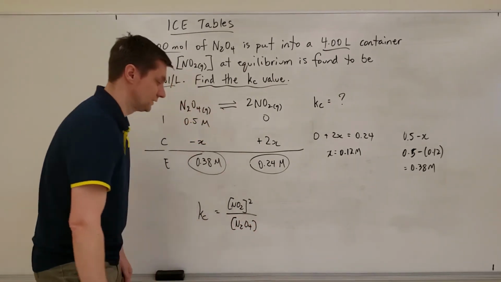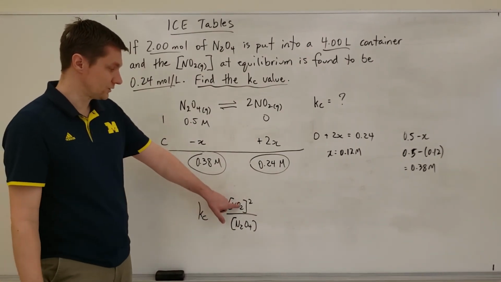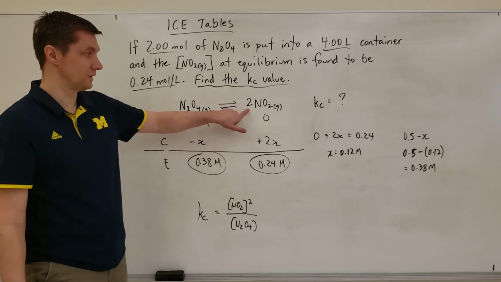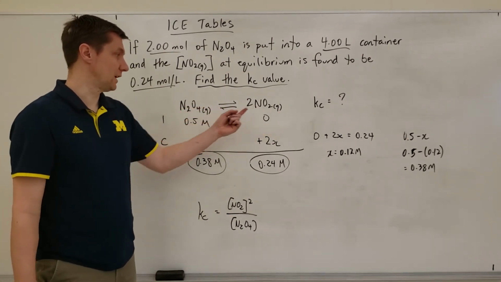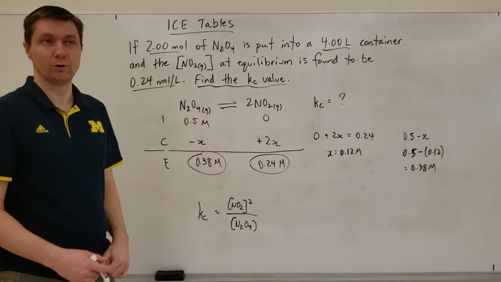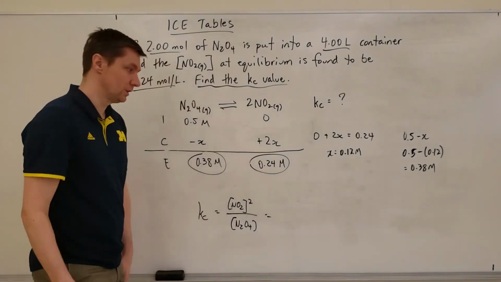And in this case, it's pretty simple because I just have one reactant, one product. Notice that this concentration of NO2 must be squared because it has a coefficient of 2. And notice that both of these have a state of matter of gas, so they can both be inserted into the expression. So then I just plug the numbers in and do my calculation.